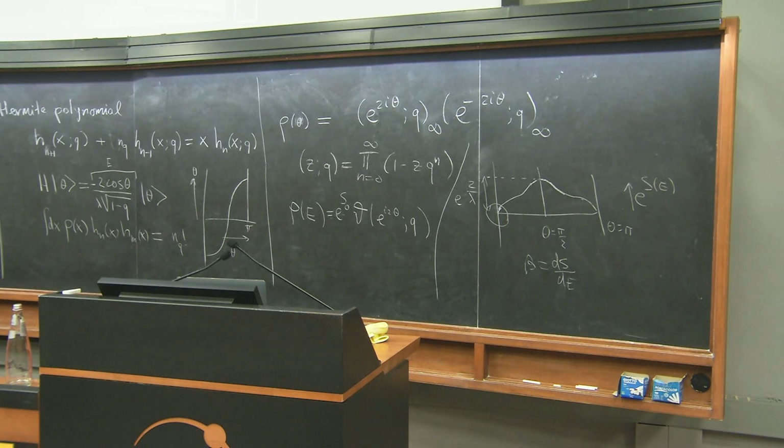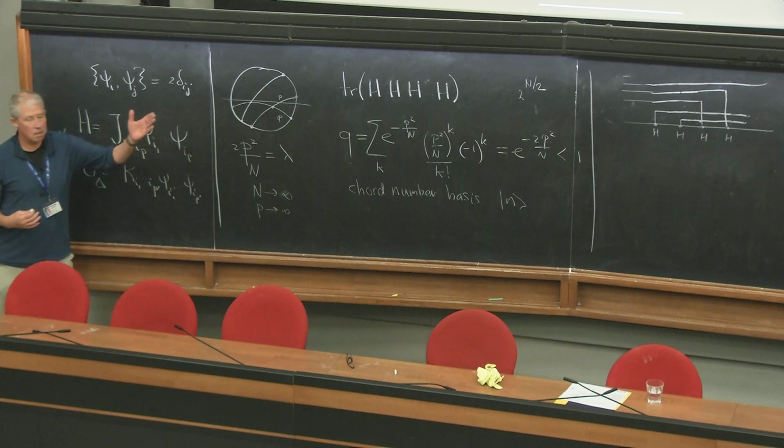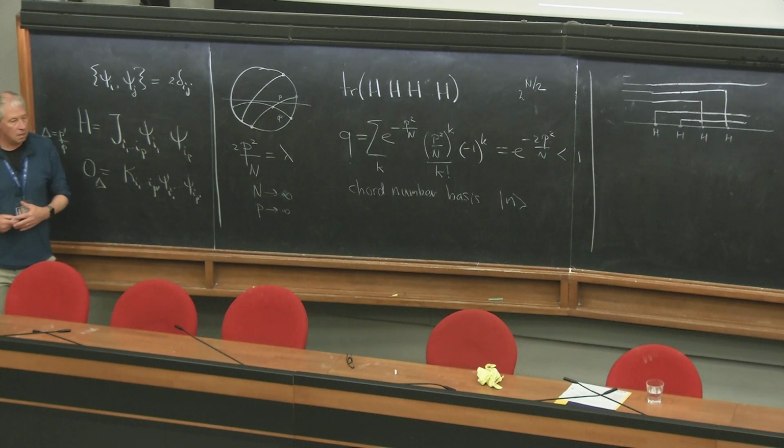And what you could do is you could insert O in this correlation function. And again, you're going to find the same type of chord rules, except that the intersections will no longer be labeled by this q, but they're going to be labeled by some q tilde, which is basically this q to the power delta. So you can also have matter chords. And then a little bit more calculation allows you to exactly compute the correlation functions as well.